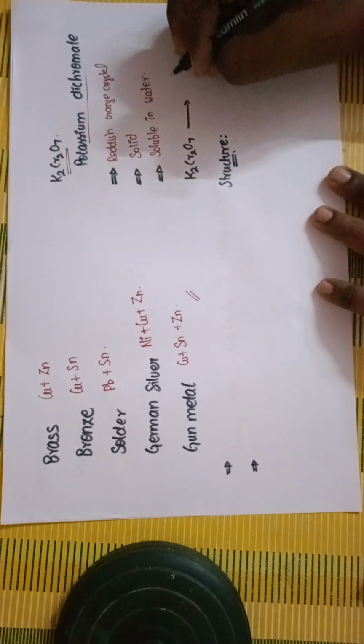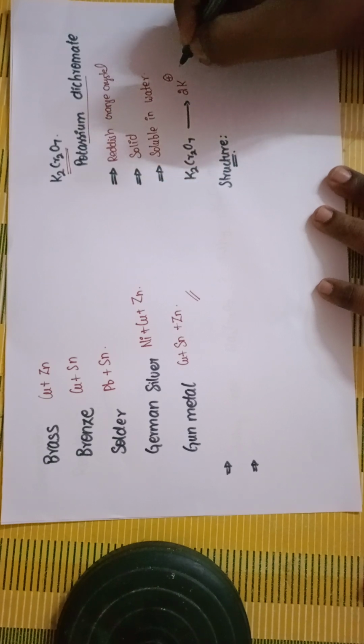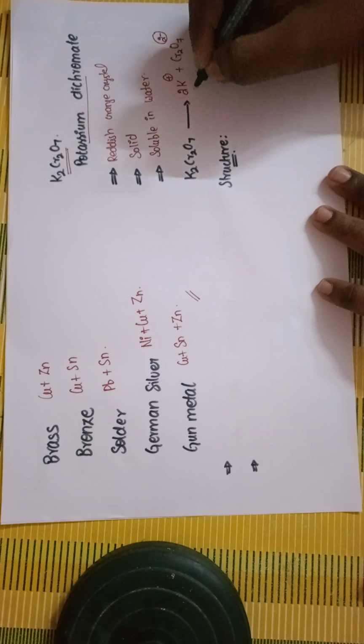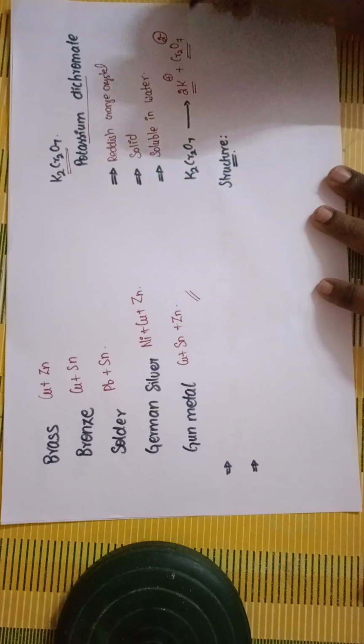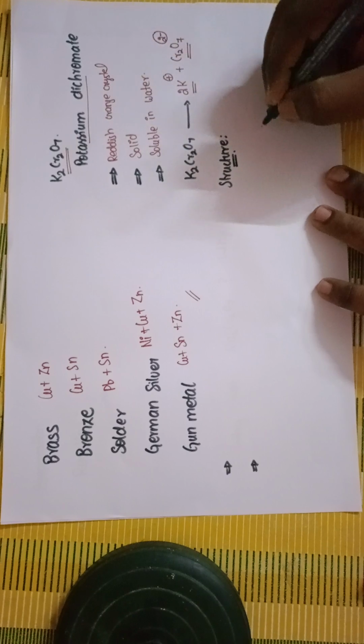Once potassium dichromate dissolves in water, it will produce 2K+ and Cr2O7 2-, potassium ion and dichromate ion. Structure of potassium dichromate: for dichromate only we have to draw the structure.